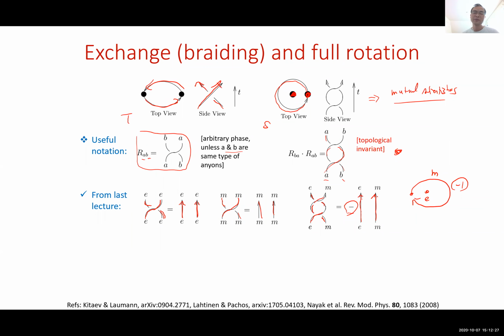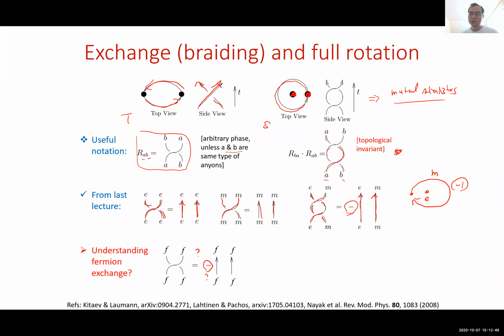So if you accept this pictorial way, it's actually quite easy to deduce the fermion property. So how do we see that there's a minus sign when we exchange fermions? Since the fermions are indistinguishable, we can draw a vertical line. But what is this sign here?